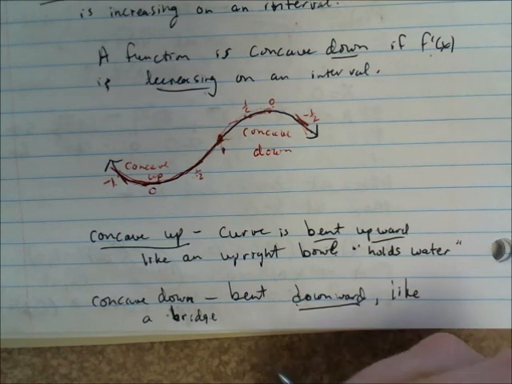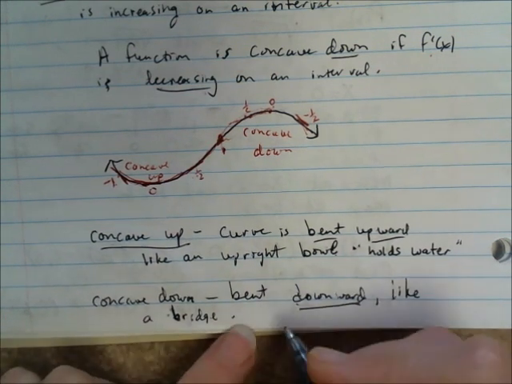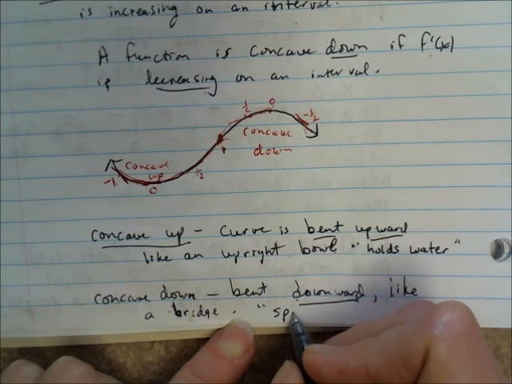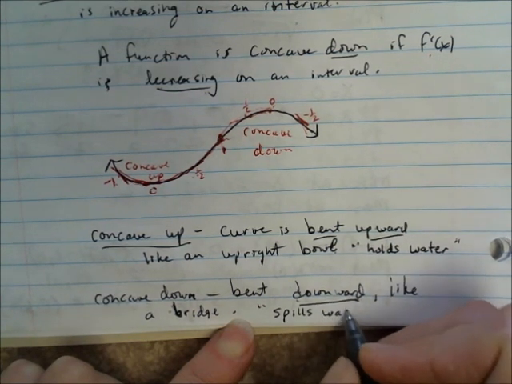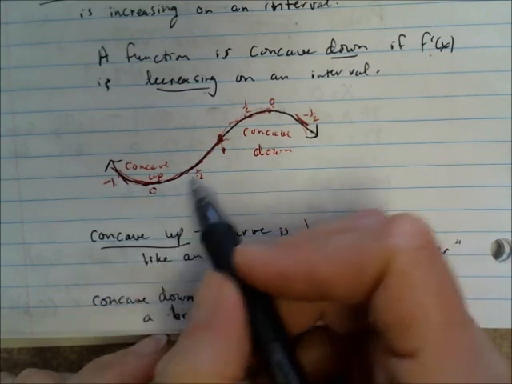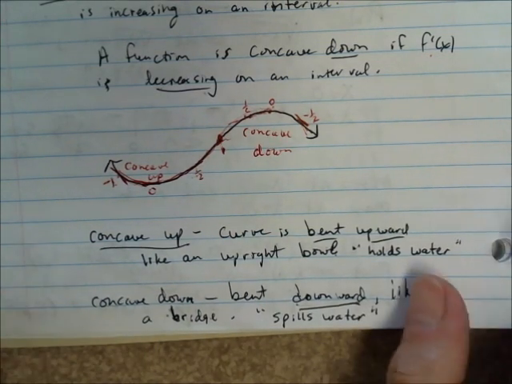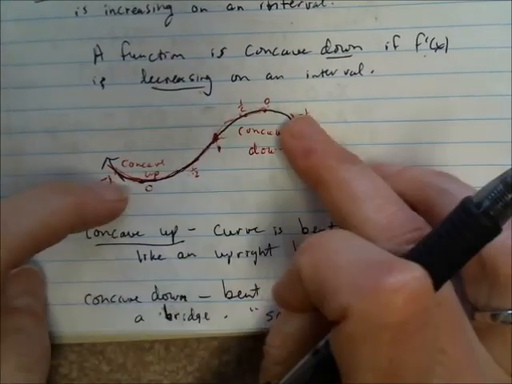So concave down, sometimes they casually refer to this as spilling water, or it spills water. So a graph will either hold water if it's concave up or spill water if it's concave down. So that's what it looks like. That's what the definition of it is.